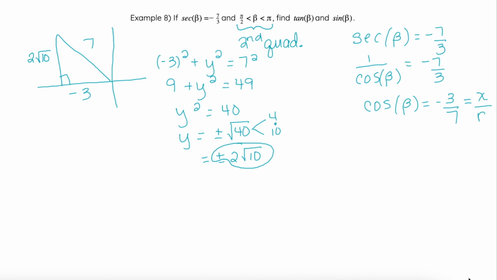Therefore, we can find tangent and we can find sine. Let's start with finding sine. So sine of beta is equal to our y value over the radius. So 2 square root 10 over 7. And that's completely simplified.